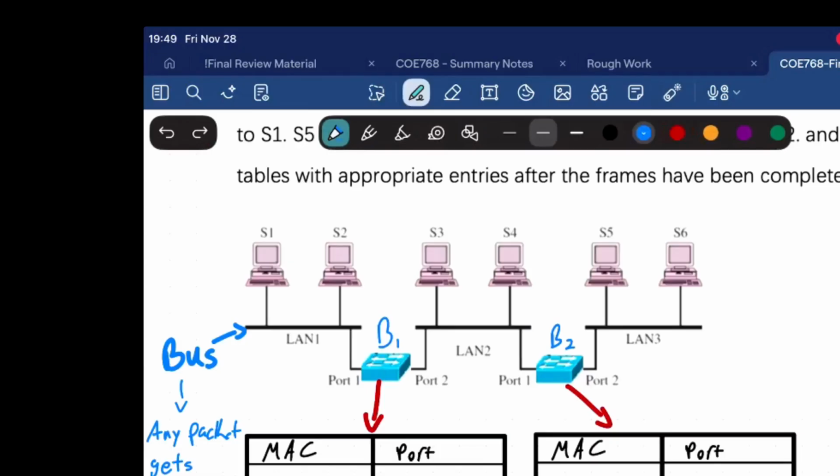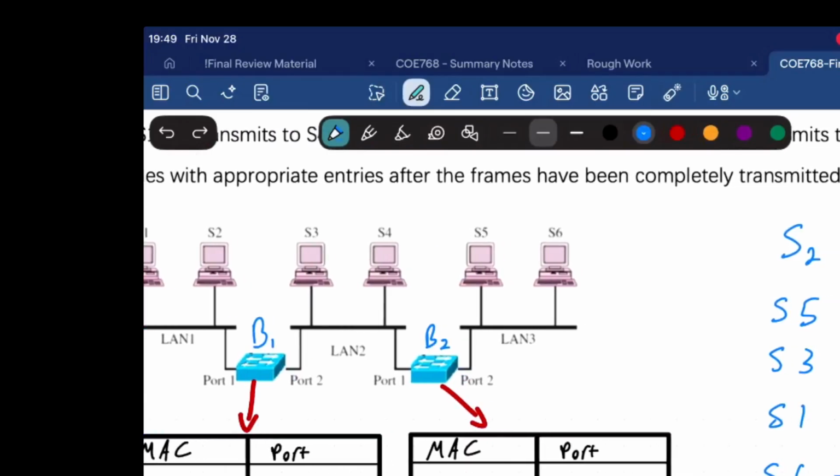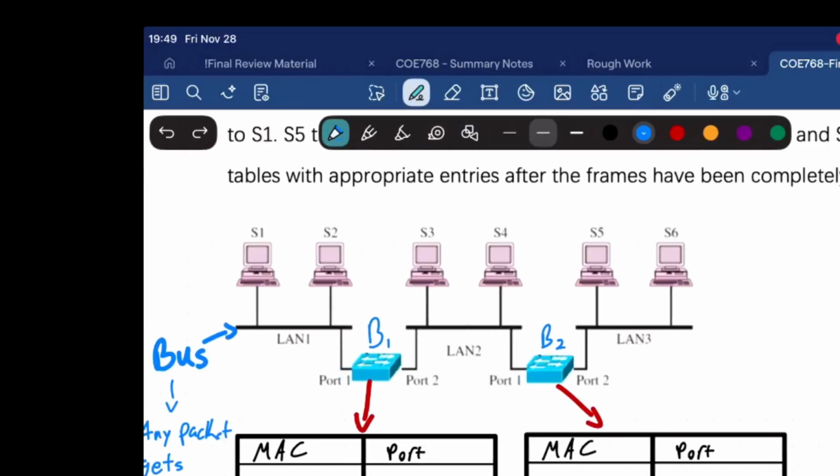Okay. So for the first packet, S2 sends a packet to S1. I'll use red. S2 sends a packet and it wants to get to S1 as its destination. But the packet gets sent out to B1 and also S1, but S2 doesn't know that.